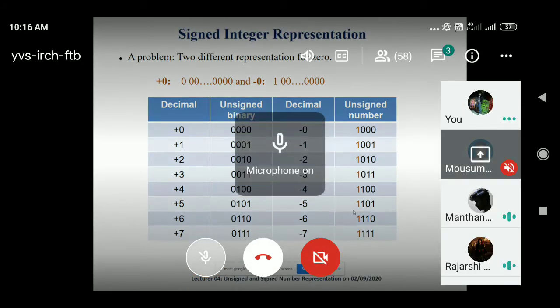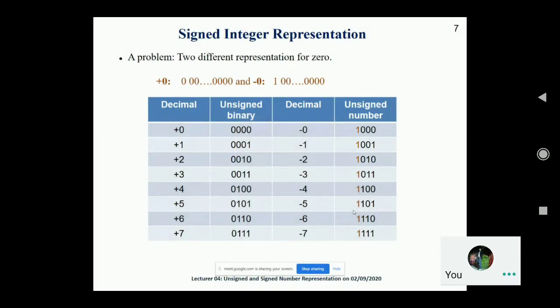Because plus 2 and minus 2 are different, no problem. But plus 0 and minus 0 are equal to 0. Yet for representing this, two different types of sequence are required. So when our memory size is large, we unnecessarily use more computation. That is the one problem. But sometimes we can ignore this problem.